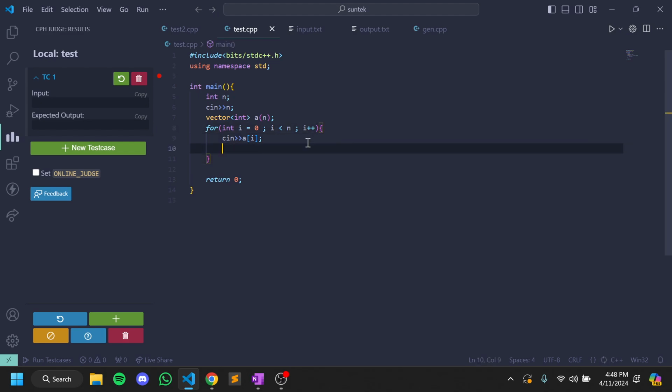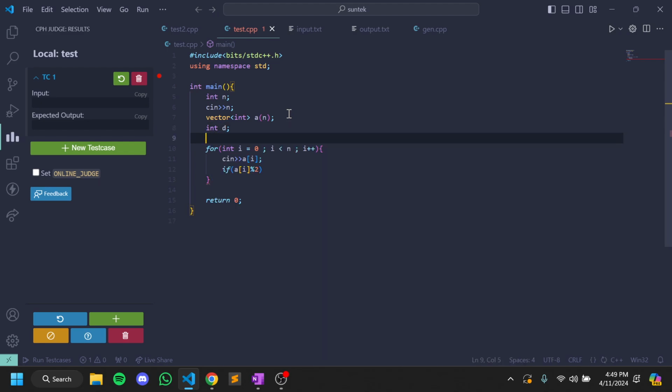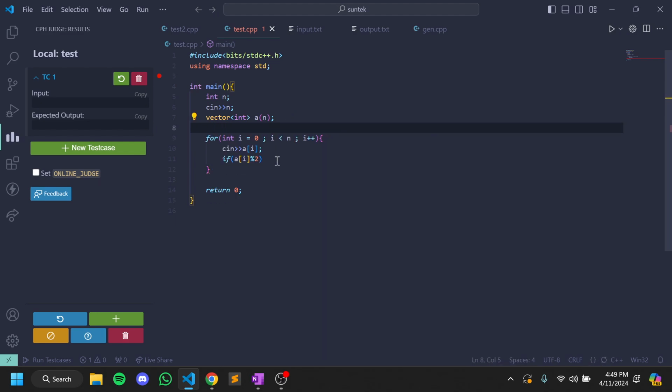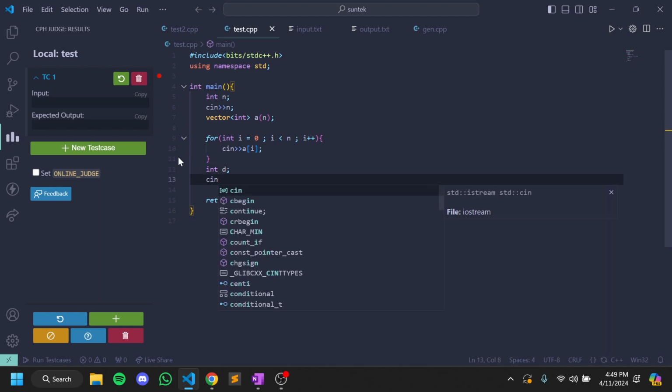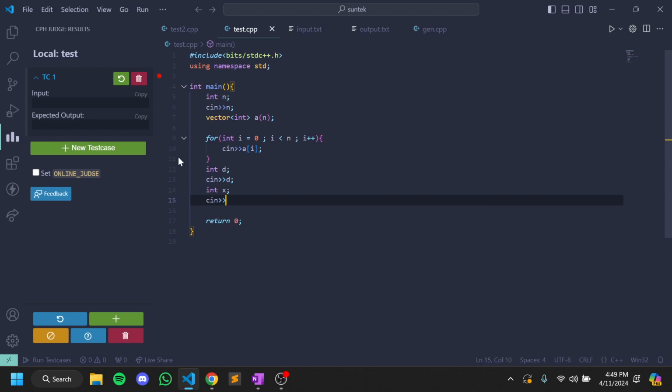We also have to take the input of date. So we pick up this input first, and after that the input of date. Let's pick up the date, and also the fine. Then again, for i is 0, i is less than n, i plus plus.